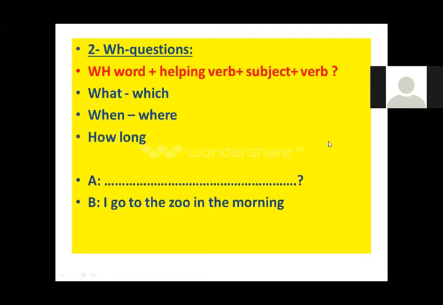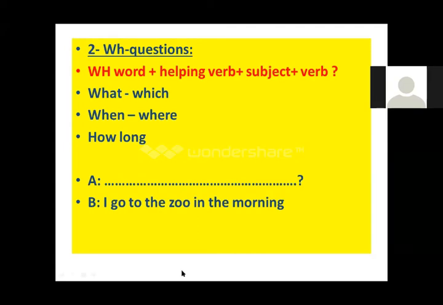Okay, next. Here are the two kinds of questions. WH questions, like WH word plus helping verb plus subject plus verb. WH word like what or which, like when, where, how long. For example, I go to the zoo in the morning.